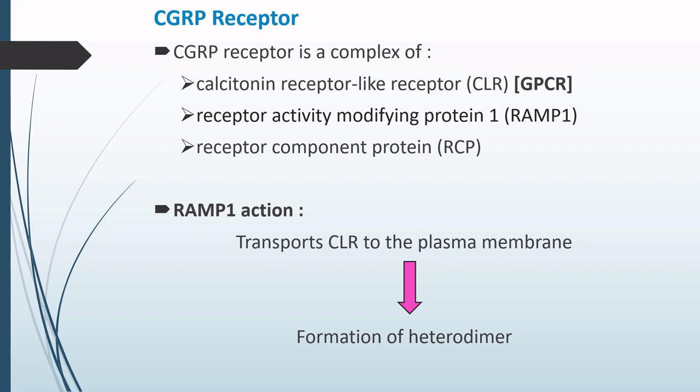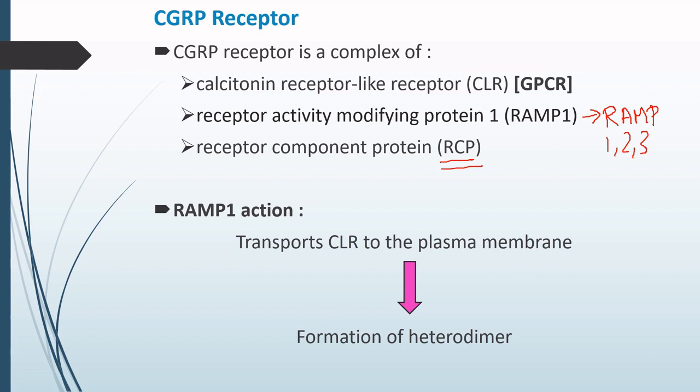The link to the video will be given in the description box below. The second subunit is a receptor activity modifying protein or RAMP1. Now there are three classes of RAMPs, RAMP1, 2 and 3. Among them, the CGRP receptor has the RAMP1 subunit in it. And the third subunit is the receptor component protein or RCP.